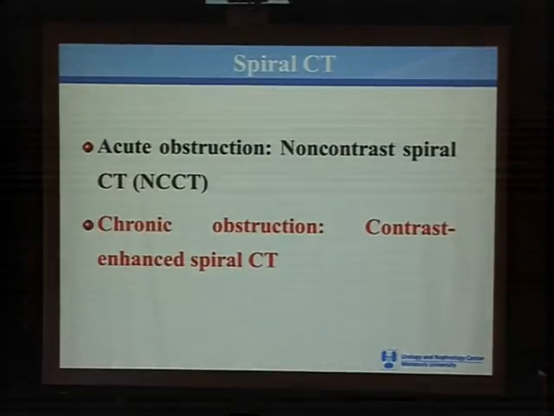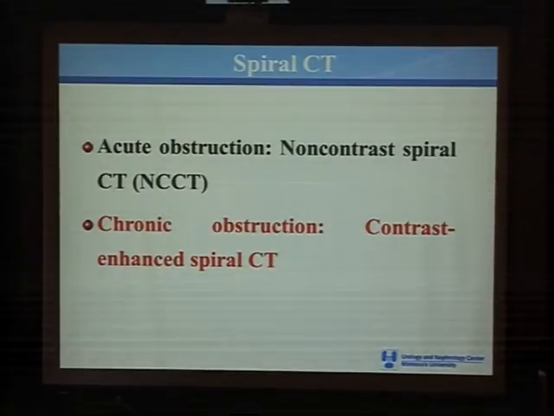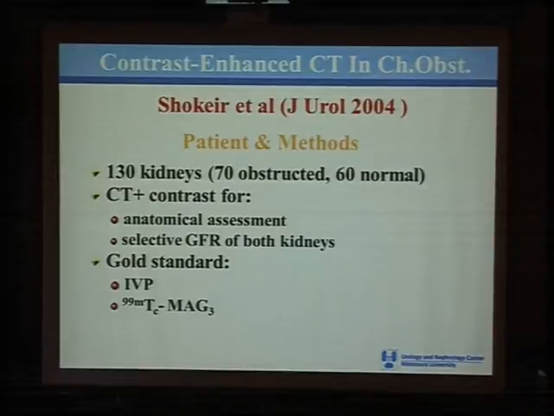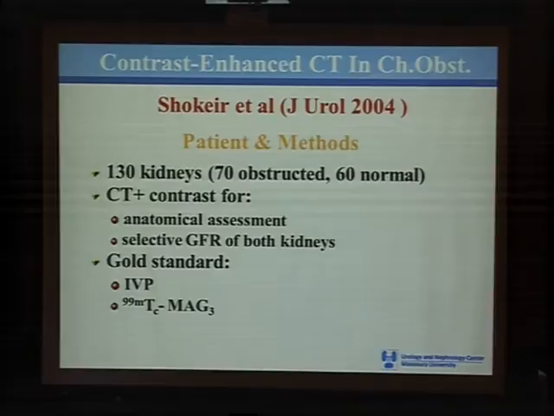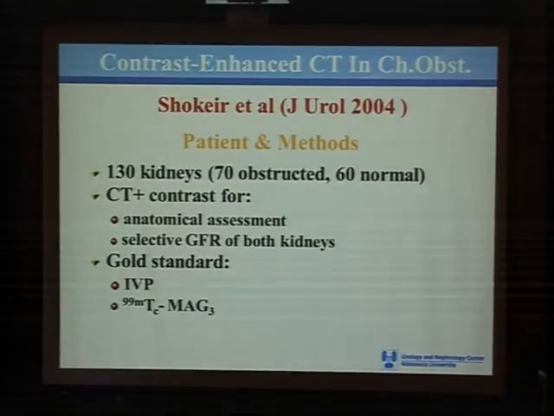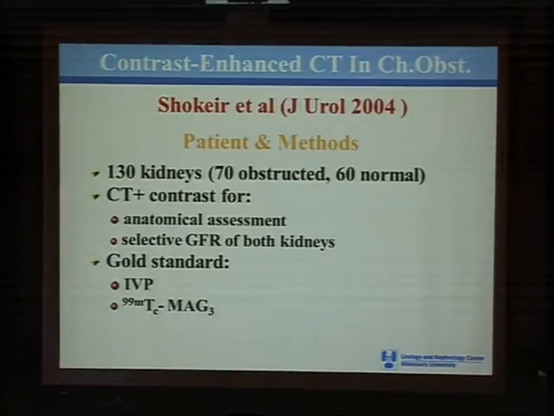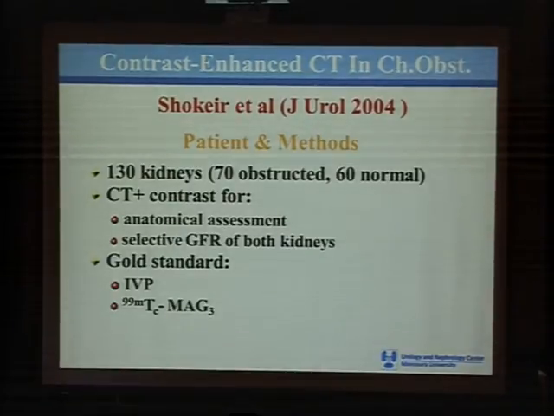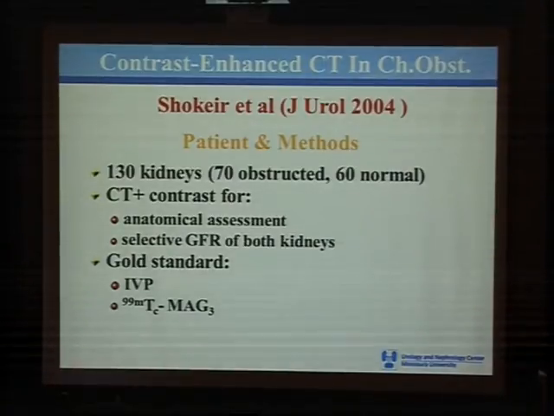Then, for chronic obstruction, we can use CT with contrast. We published an article comparing 130 kidneys for whom we did CT with contrast for anatomical assessment and selective determination of glomerular filtration rate of both kidneys.